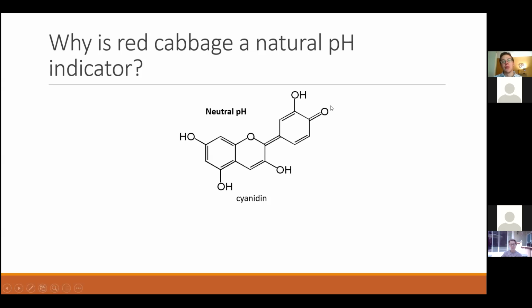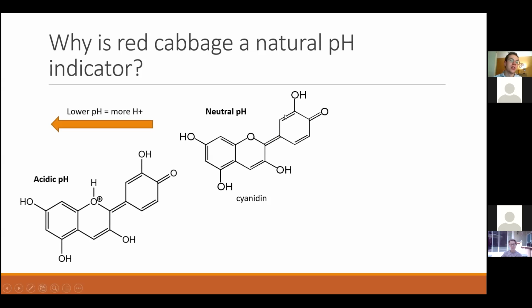At a neutral pH, this is what it looks like. As soon as we lower the pH, or in other words, increase the concentration of protons, we change the structure. Because we've added this proton here, we also have an overall positive charge on the molecule.